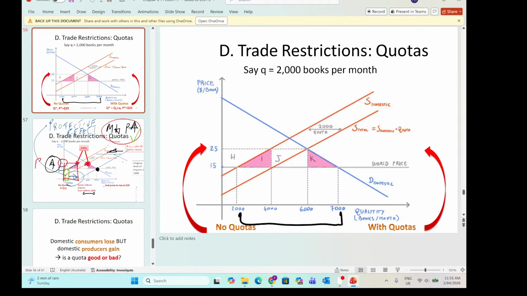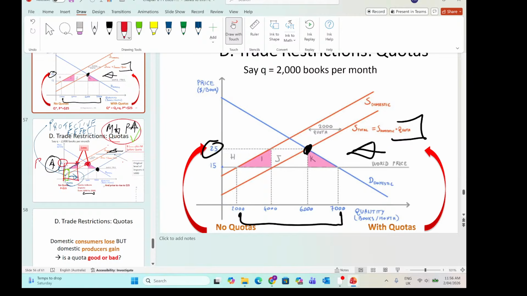Then after the imposition of the quota, where we've moved the amount of imports to 2,000, the price has risen to $25, so the local firm is now producing 4,000.